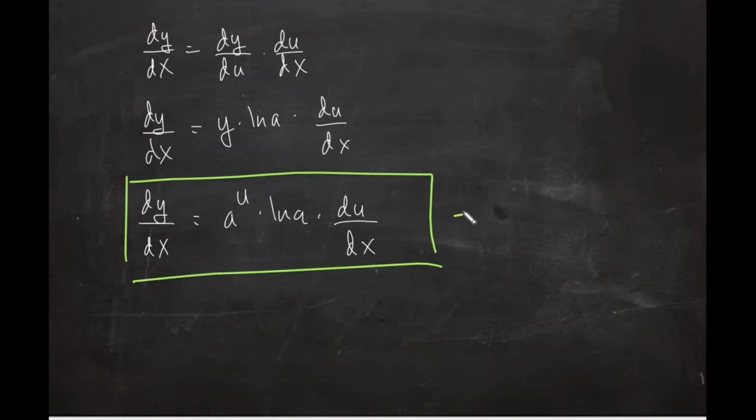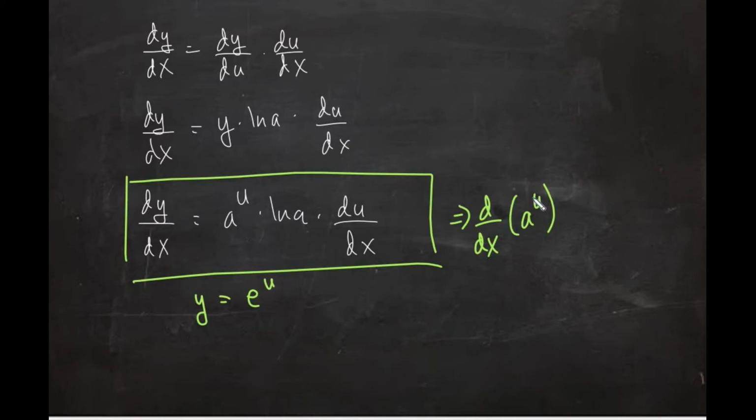Again, if we want to get the derivative of a raised to u, this is the formula that you will use. Applying this concept, we can also get the derivative of e raised to u.